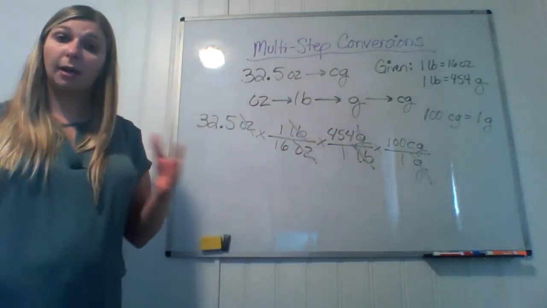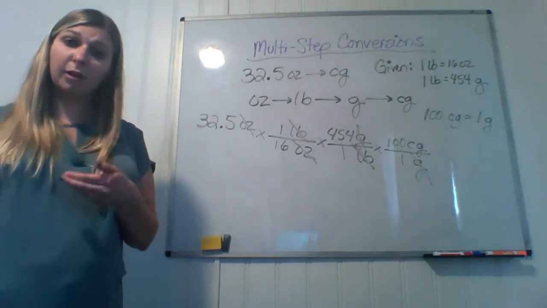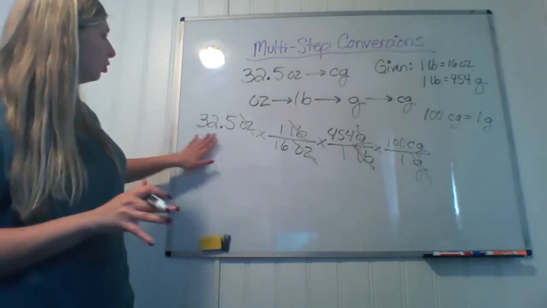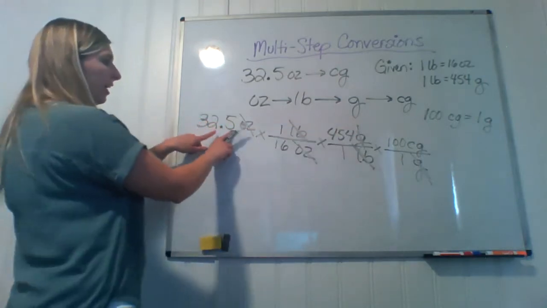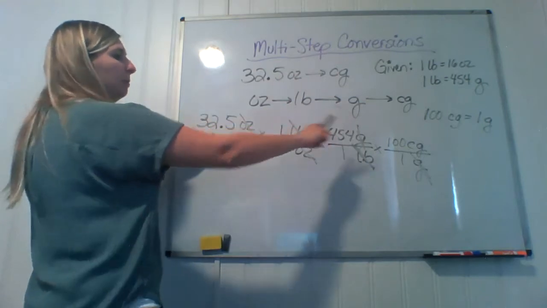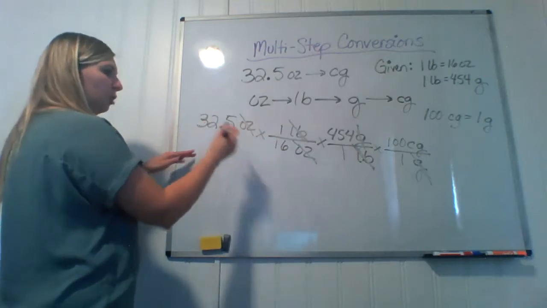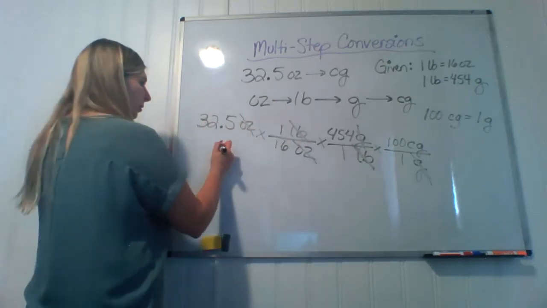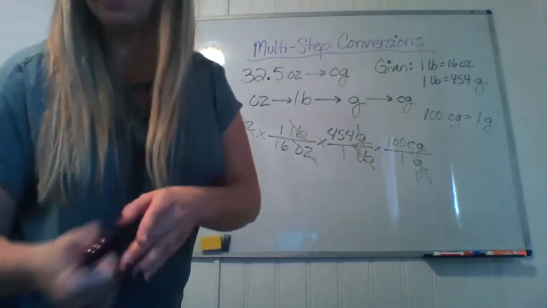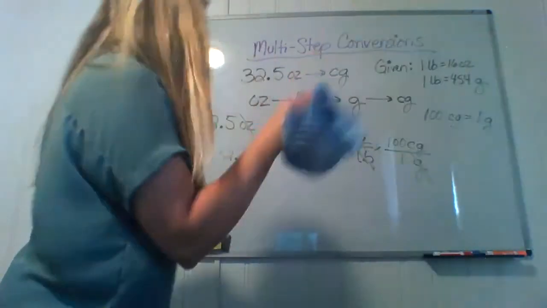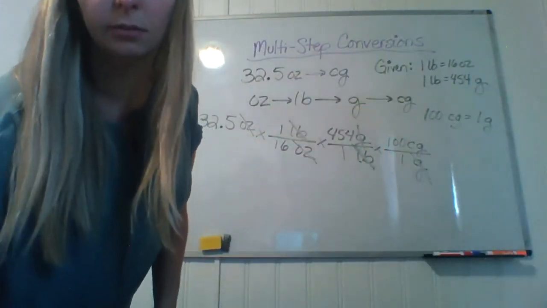So remember, anytime you're doing these problems, follow the units. Let the units be your guide first. Then all that's left is then just looking at the math that remains. Anything on the top is multiplied, anything on the bottom is divided. So I'm going to just follow from left to right. 32.5. Grab a different marker here. Don't want to pause the video.